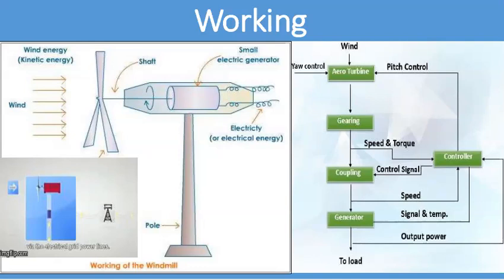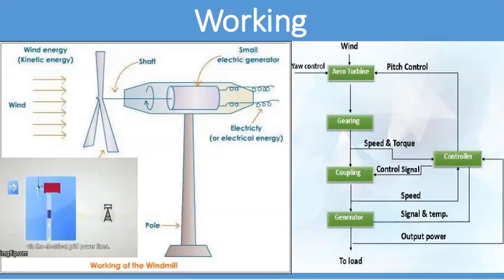So the terms wind energy and wind power both describe the process by which the wind is used to generate mechanical power or electricity. So this mechanical power can be used for specific tasks, such as grinding grain or pumping water in the previous days. Or a generator can convert this mechanical energy into electricity.